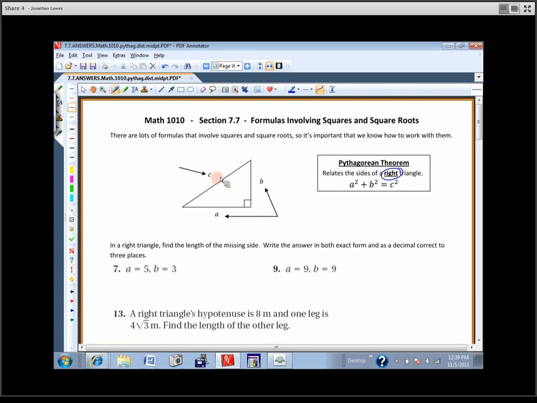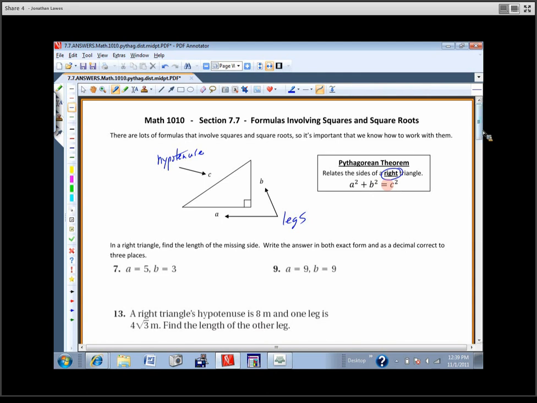Let's make sure we're clear on what the names of these are. This is A, this is B, and this is C. That side over here has a name. It's called the hypotenuse. And these two are called legs. So if you square each leg separately and then add them together, it should equal the square of the hypotenuse.